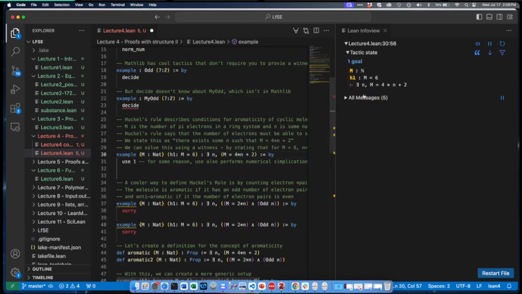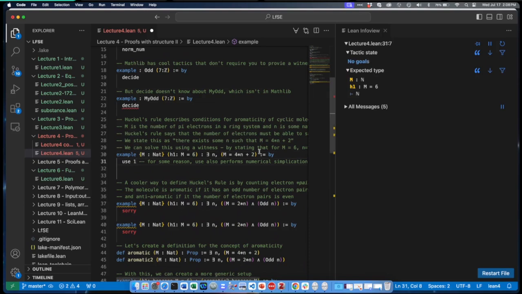So here's our statement in Lean. We know that m is a natural number, and we have a hypothesis, m is equal to 6. So from this, can we prove the existential statement in the goal state? And we use 1, and it closes out everything for us. So we have no goals after this.